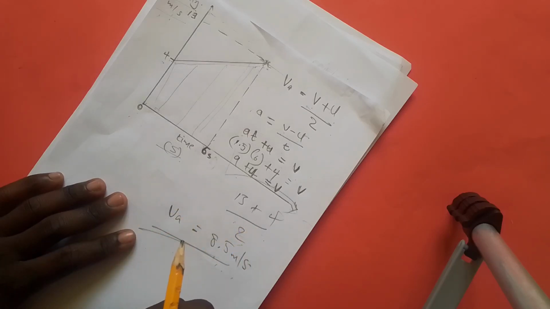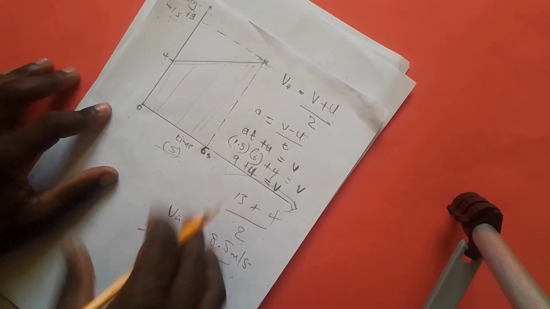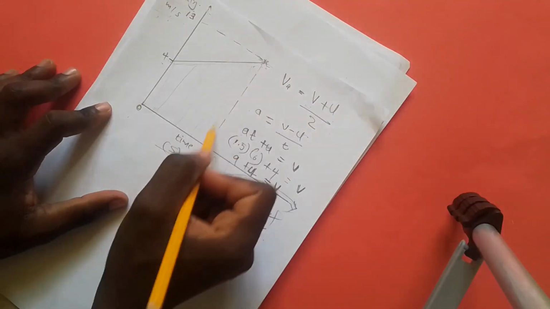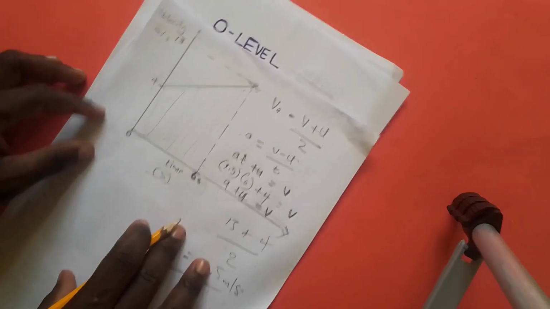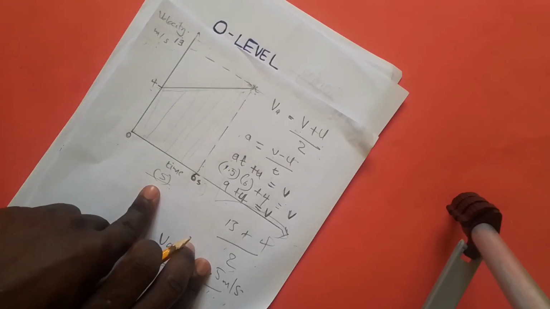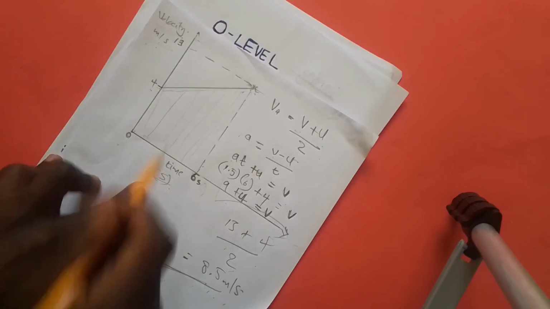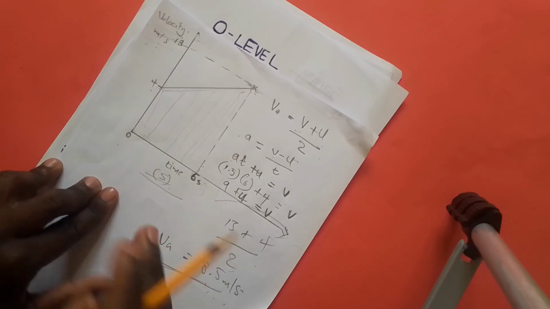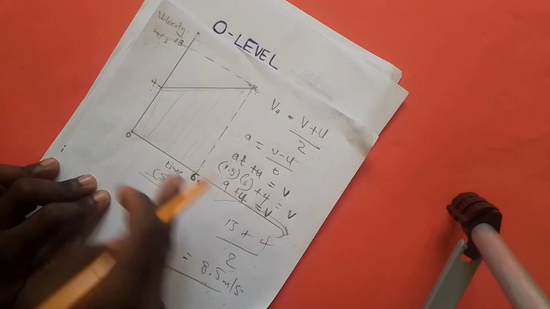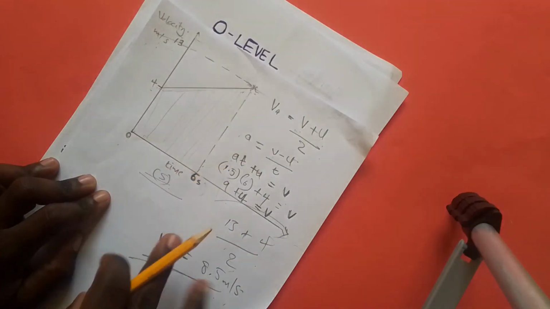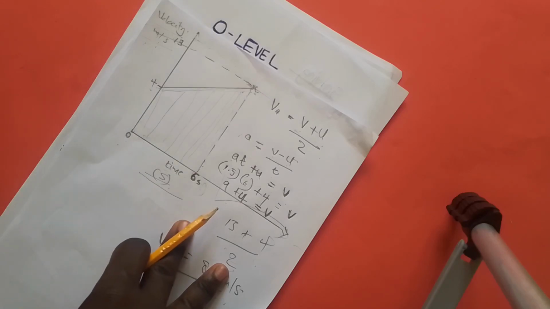That's what the question is saying, all right? So this area under the graph is the distance moved, if it's a velocity time graph, right? This is velocity against time. So if it's a velocity time graph, the area under the graph is the distance moved, right?